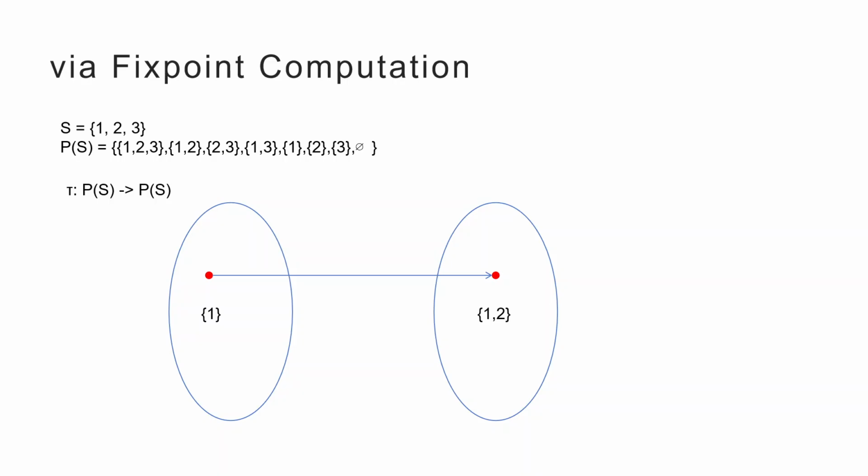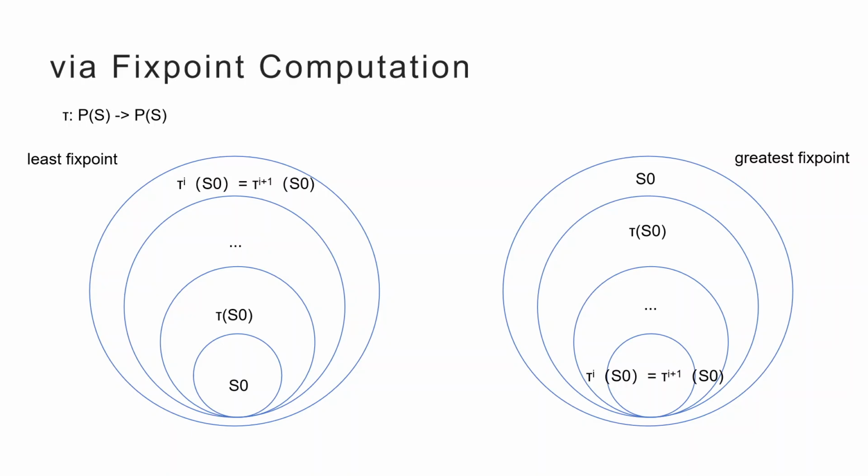These stable sets are called the fixed points of the function tau. For example, as shown in the diagram, the set S0 keeps expanding after being repeatedly mapped by function tau, and eventually reaches a stable state. And this state is called the least fixed point.